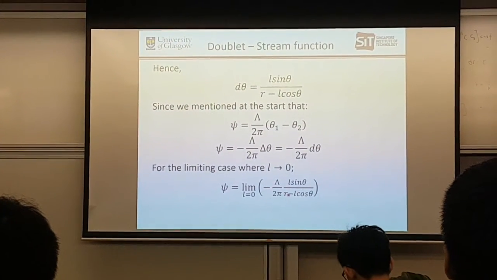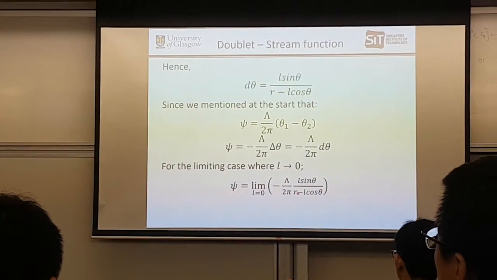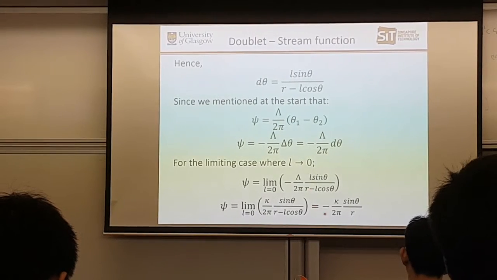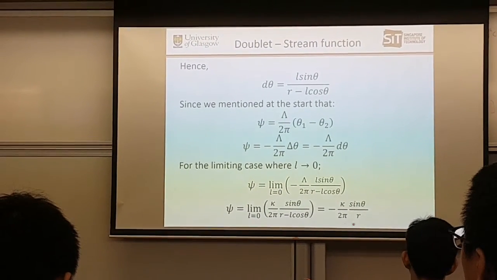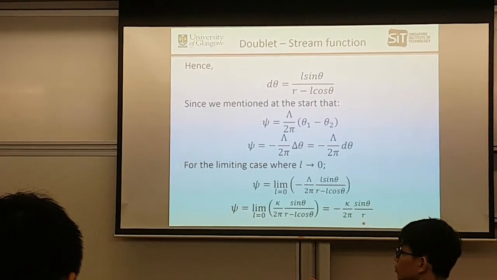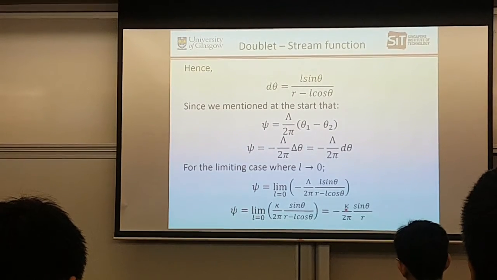Now this is very simple already. The reason is this. If I assume that L becomes very, very small and close to 0, my equation will just simplify to this equation here. So, what is this kappa here? Kappa is equal to what?